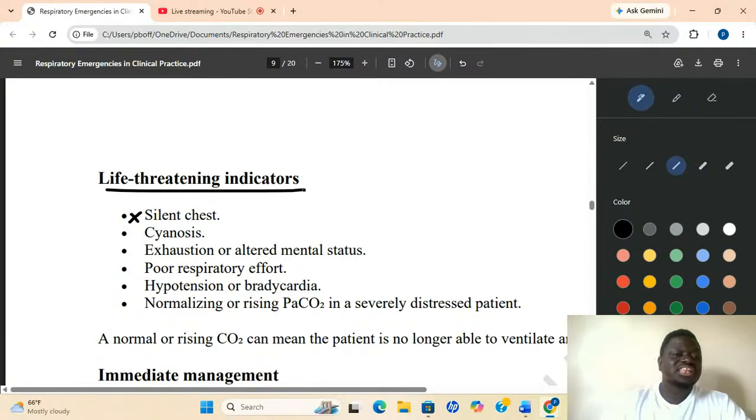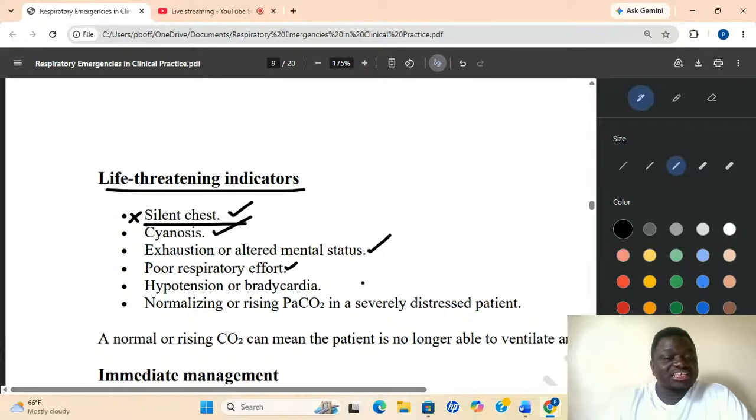If they launch into these indicators, that should tell you their condition is getting worse: the asthmatic patient becoming cyanotic, their mental status changing, a silent chest, poor respiratory effort, a very slow work of breathing, hypotension or bradycardia, and a normalizing or rising partial pressure of carbon dioxide in a severely distressed patient.